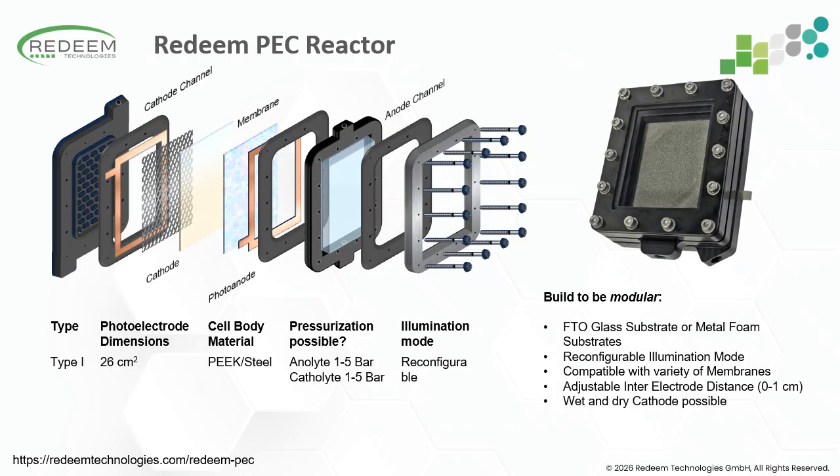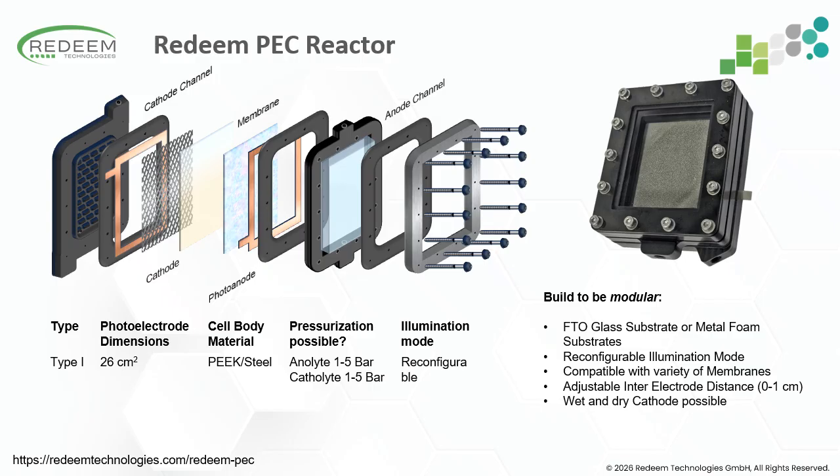And now I want to introduce to you our own Redeem PEC reactor, which incorporates many of the design features that we have identified throughout the section as desirable for laboratory scale PEC research. Like the classical Type 1 architecture, it uses a stacked membrane-based configuration, but it was designed from the beginning to be highly modular and reconfigurable, allowing researchers to adapt the reactor to different experimental needs.